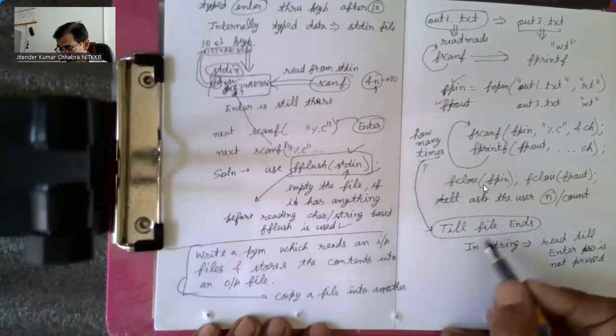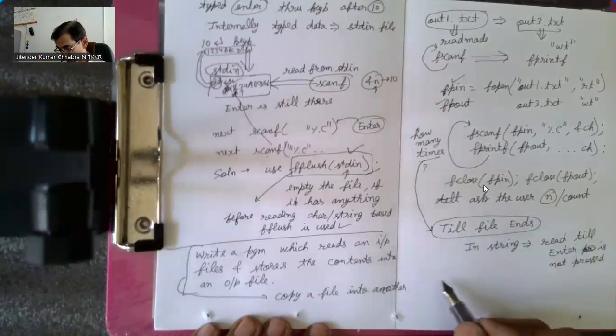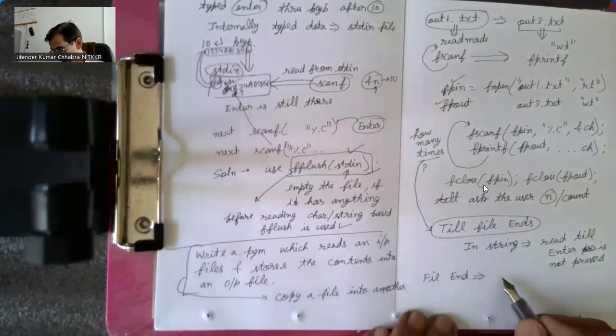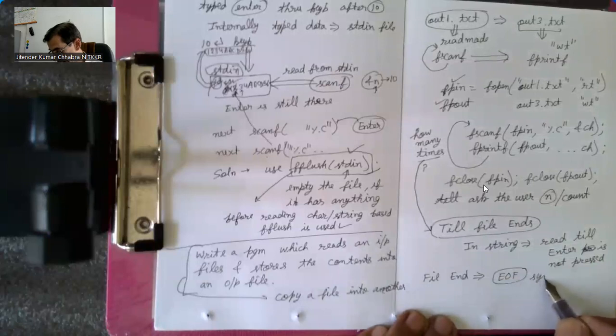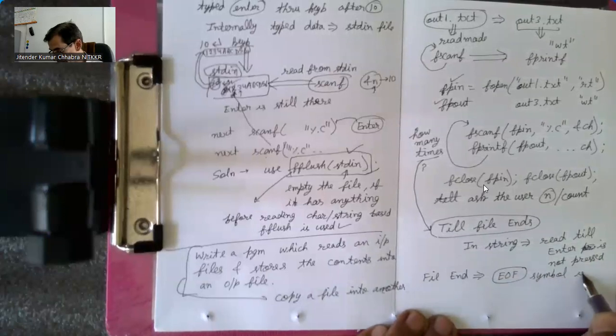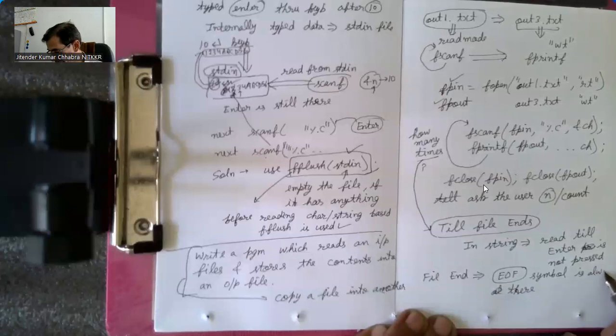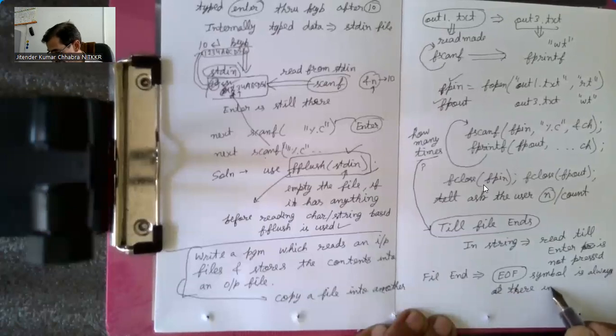That means file ending also should be detected. So how is the file ended? File ending is effectively the EOF symbol, which is always there at the end of the file. It is always there in text files.